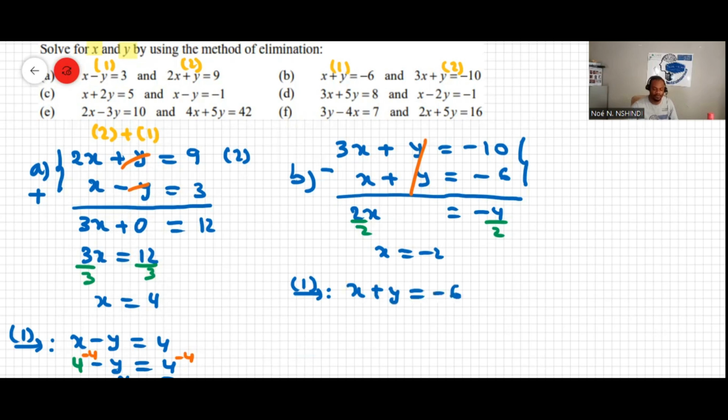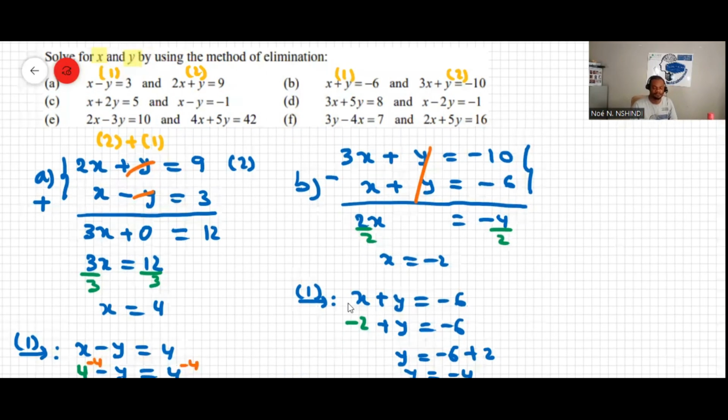I sub in the value of x, which is negative 2. So negative 2 plus y equal to negative 6. If I move negative 2 over, that makes negative 6 plus 2, and then y will be equal to negative 4. So when x is negative 2, y will be negative 4. Now we can say we solved these two simultaneously.